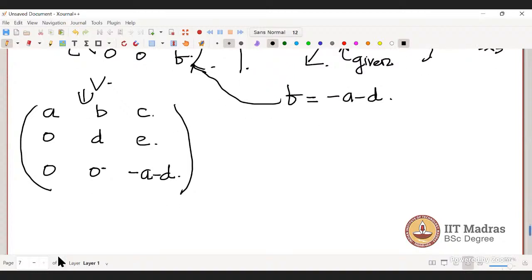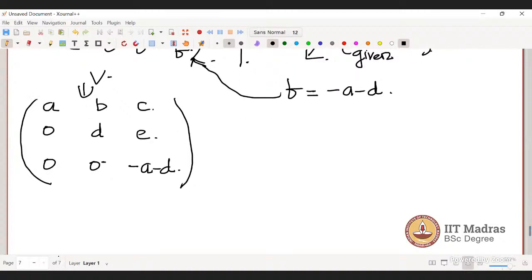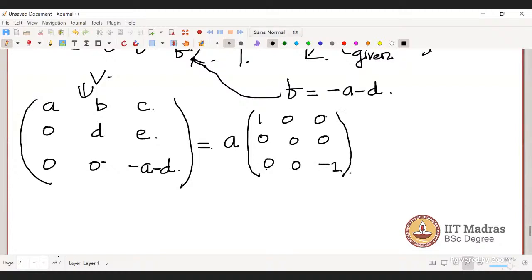As you can see, I can write this as A times the matrix with 1 in the top-left, minus 1 in the bottom-right, and 0 elsewhere.